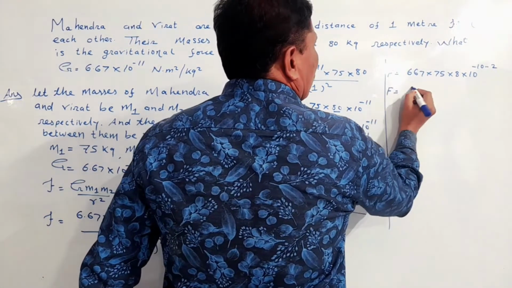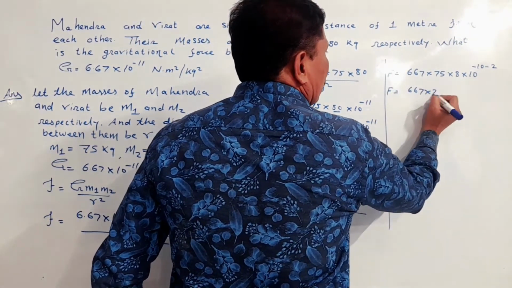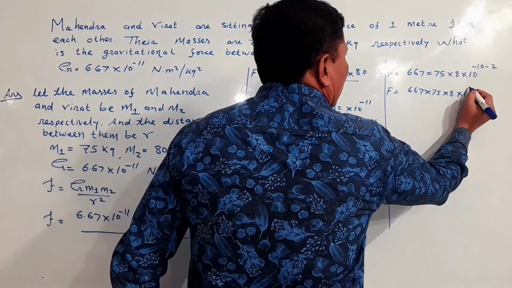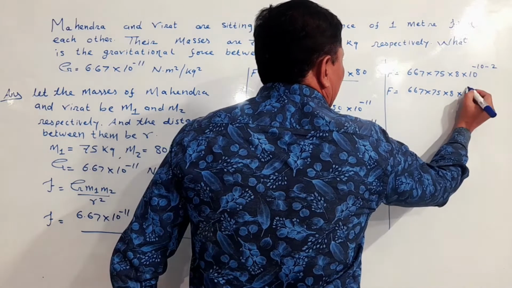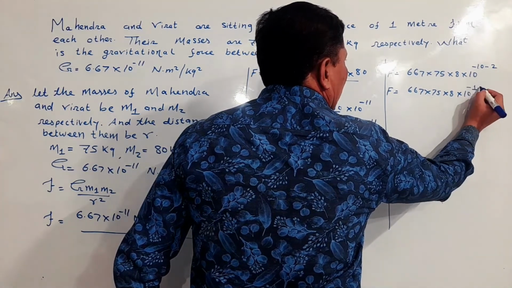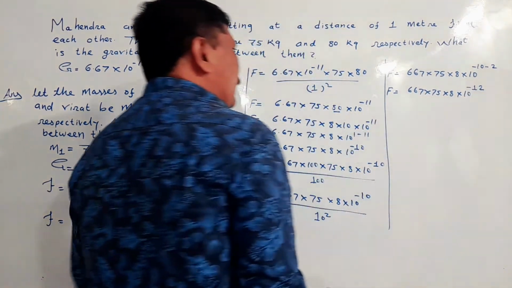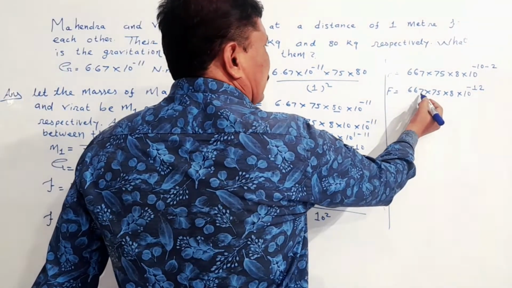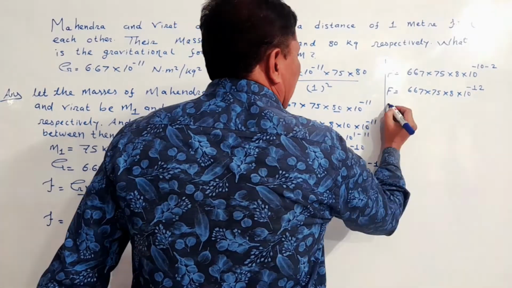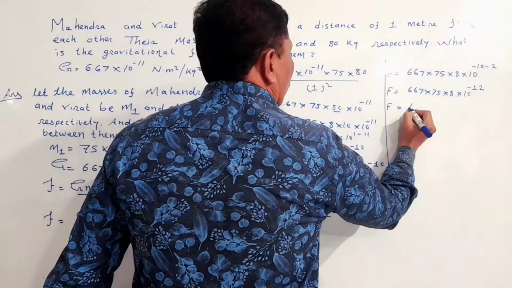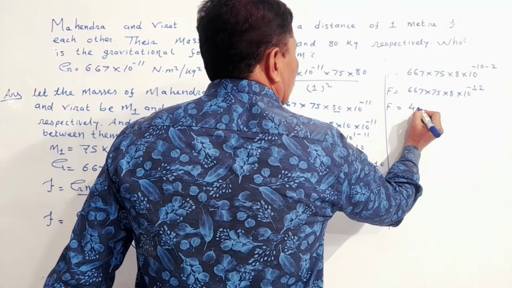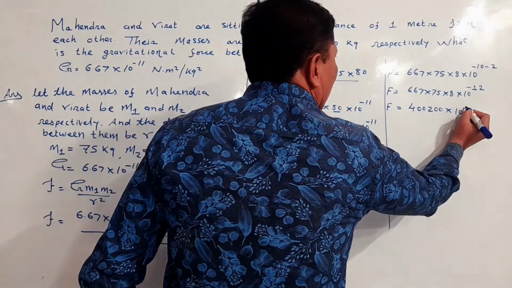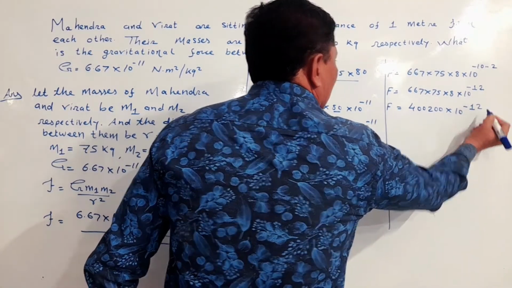So F is equal to 667 into 75 into 8 into 10 to the power minus 12. Now my dear student, here when we multiply 667 into 75 into 8, we get F is equal to 4,00200 into 10 to the power minus 12.